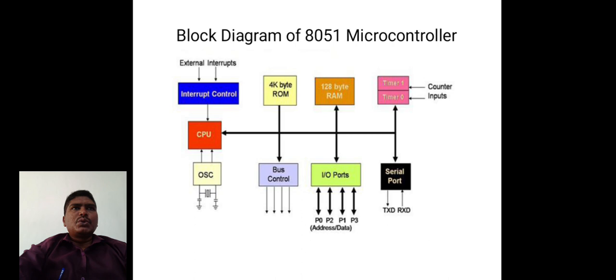The CPU has an ALU, the arithmetic and logic unit, which executes the instructions one by one with respect to the clock. It consists of the ALU and some other registers, called flag registers.